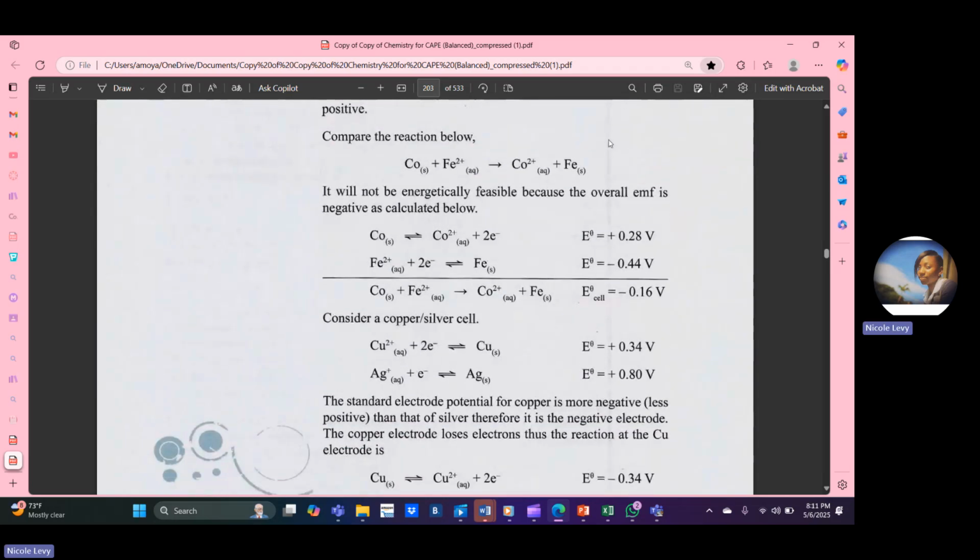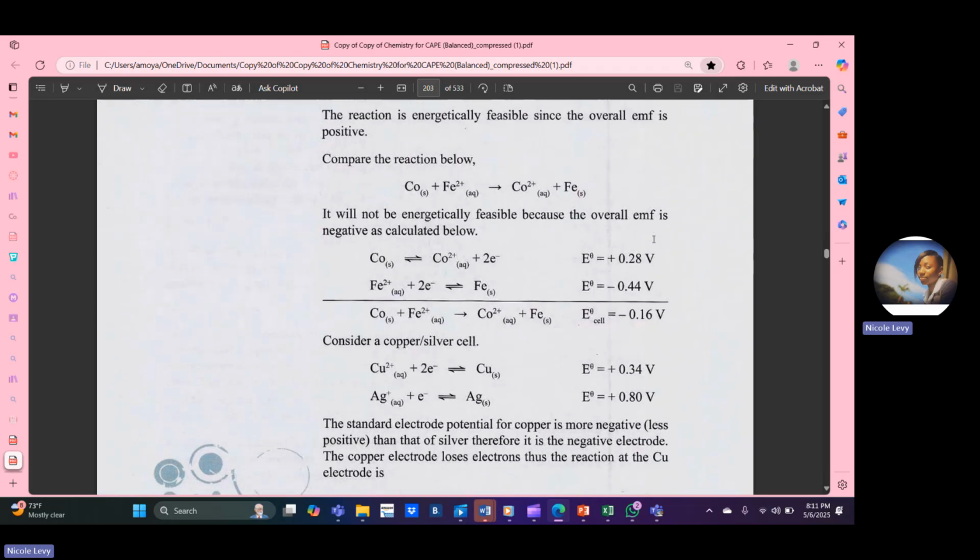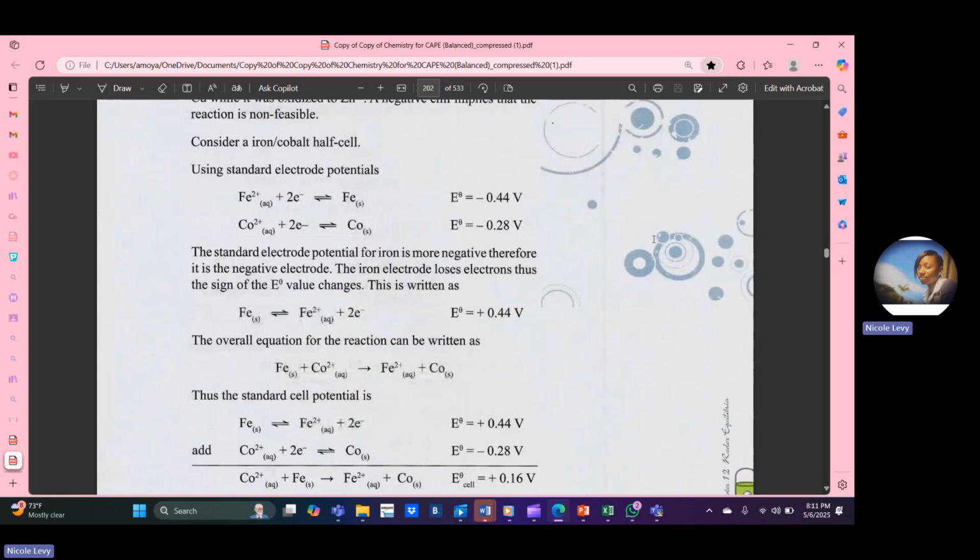It will not be feasible because the overall EMF is negative, as calculated below. So if we have this reaction here, where they gave us the cobalt being plus 0.28, and let us say that the iron was minus 0.44, and we were supposed to just add the values exactly how they gave us.